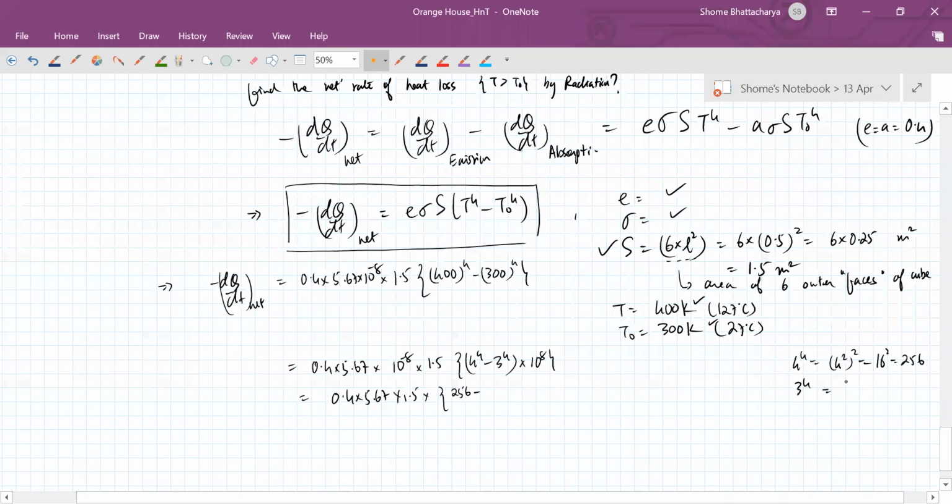Similarly, 3 to the power 4 is 9 square, so it's 81. Into 10 raised power minus 8 plus 8, that will become 0.